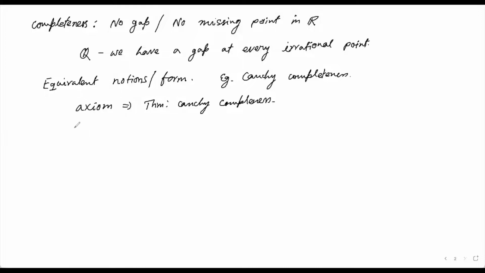The set of all reals R is a field, and we have an order relation in R, and this is a complete ordered field. In a moment we will define everything.